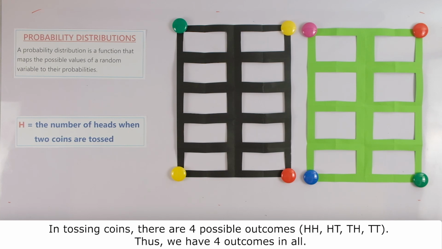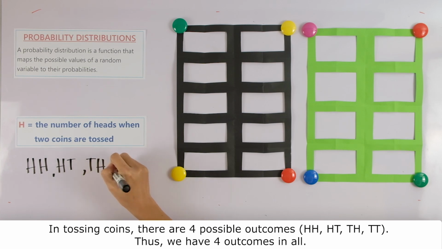In tossing two coins, we have learned from the previous video that there are four possible outcomes, which are head and head, head and tail, tail and head, and tail and tail. Thus, we have four outcomes in all.